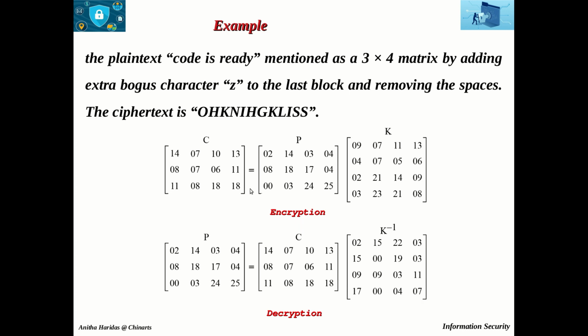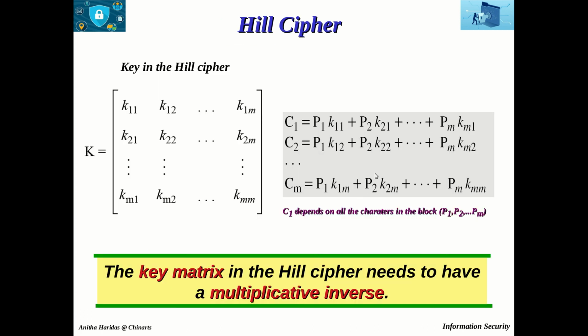Then it will be multiplied with the key matrix for producing the ciphertext. So for producing this ciphertext character 14, this plain text block is multiplied with this, right? So that is what is denoted here.